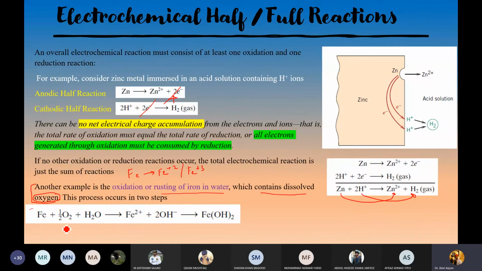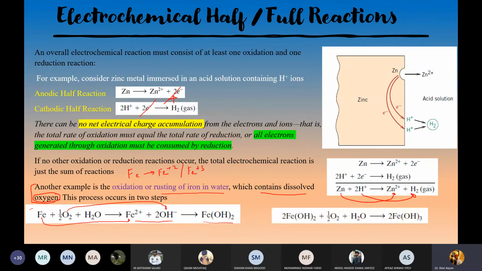So if we combine the two reactions, what is happening? Iron is converting into Fe2+ and oxygen gets converted into OH- ions. Together they could form the Fe(OH)2 precipitate.